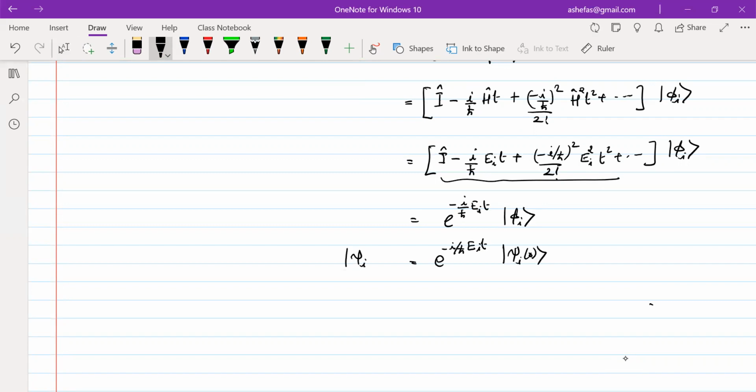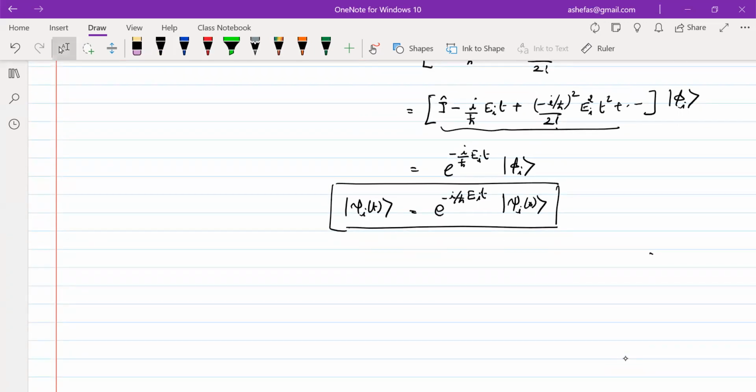So psi i at time t is e raised to minus i by h cross Ei t psi i of 0. So that is the state at time 0, and the state at time t differs only by the phase factor. So we can call this a phase factor, or more correctly, a dynamical phase.